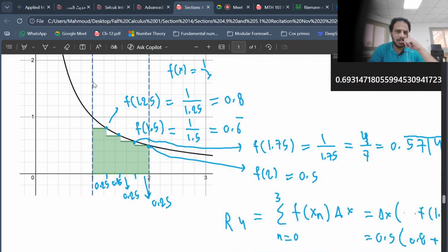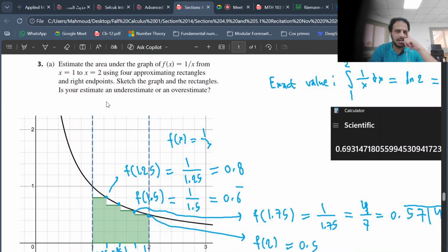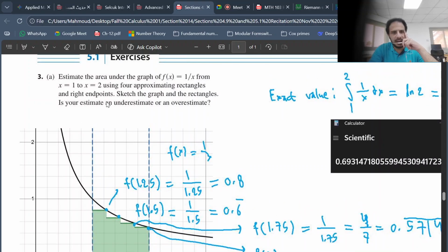So if you are using right endpoints, first you calculate what? You calculate delta x, right? We are using how many rectangles? 4, right?